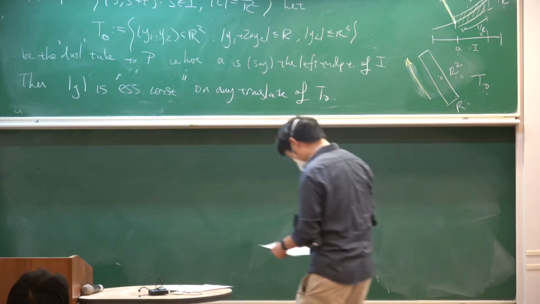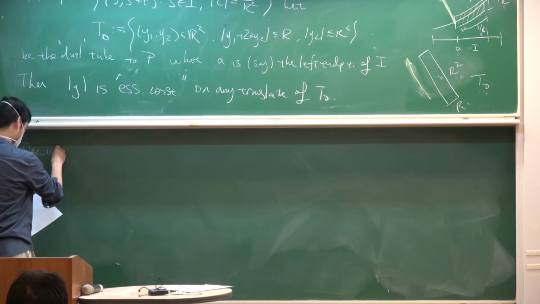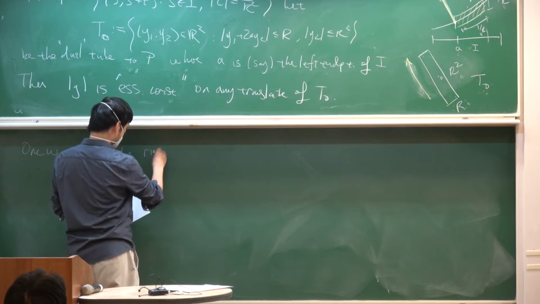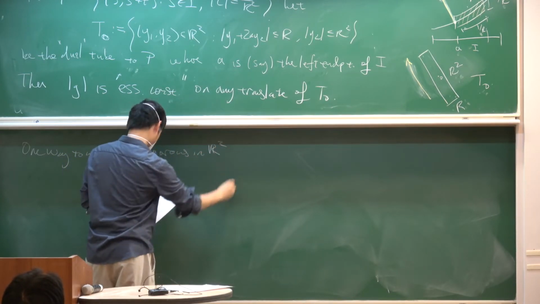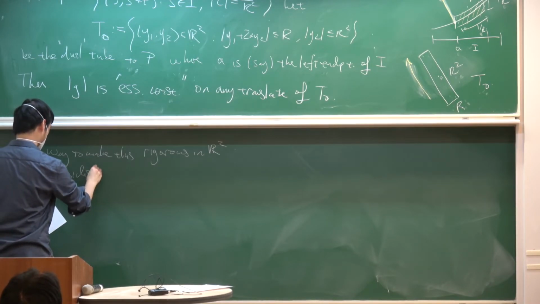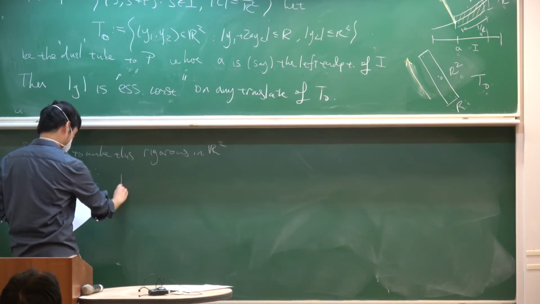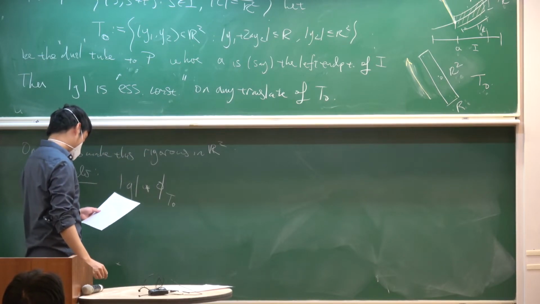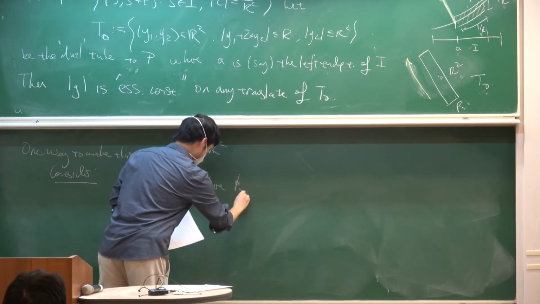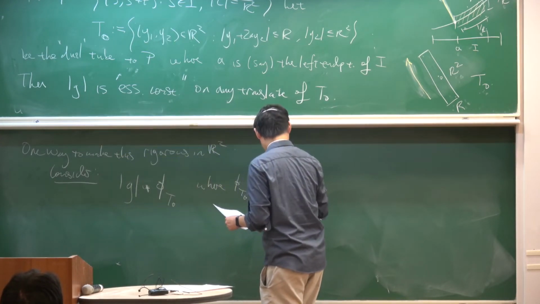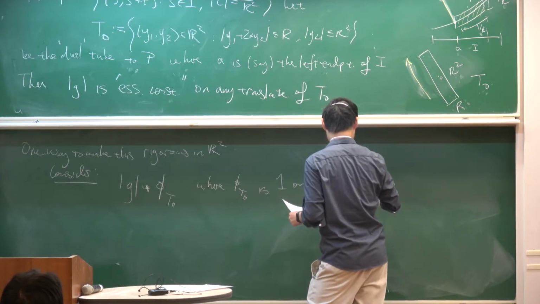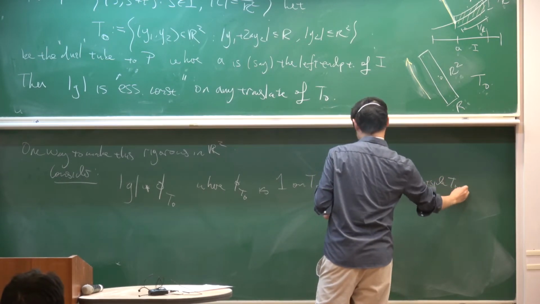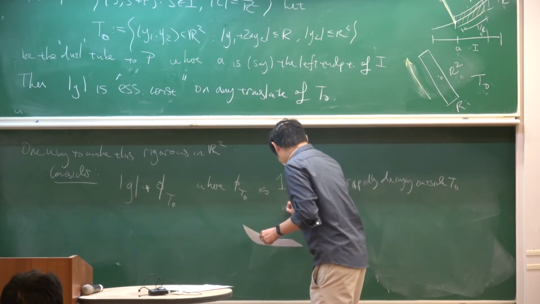So for example, one way to make this rigorous, and I like this way better, in R is to consider G convolved with phi of T naught, where phi T naught is 1 on T naught and rapidly decaying outside T naught, and L1 normalized.